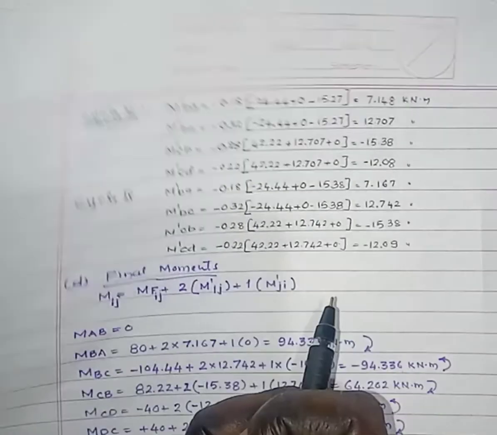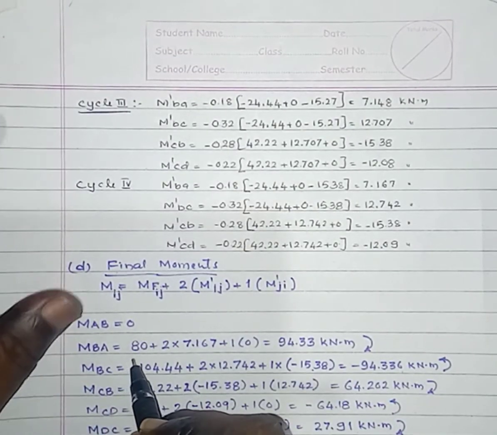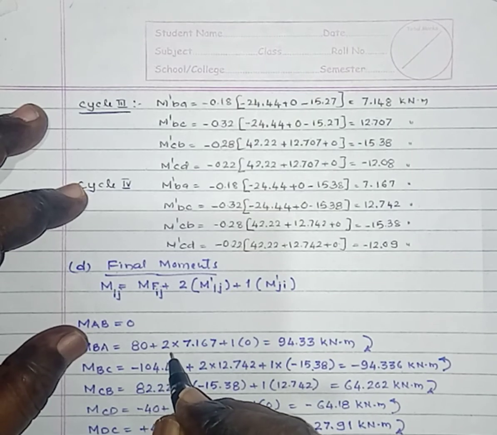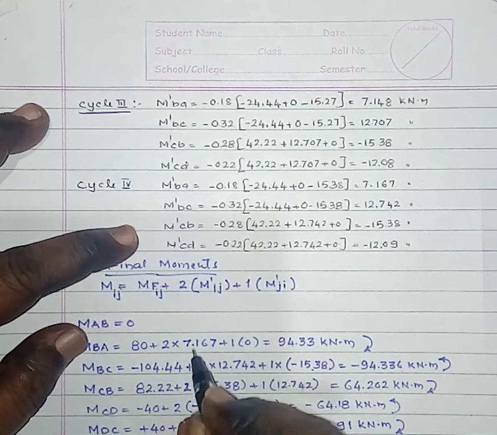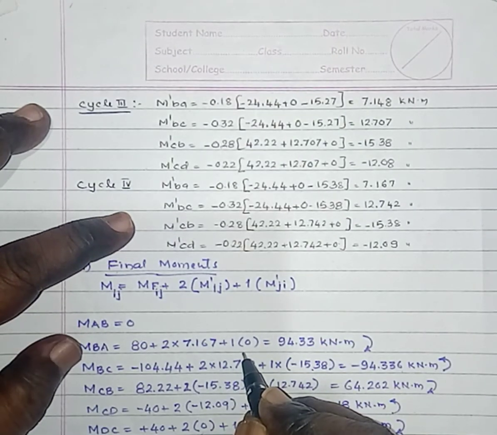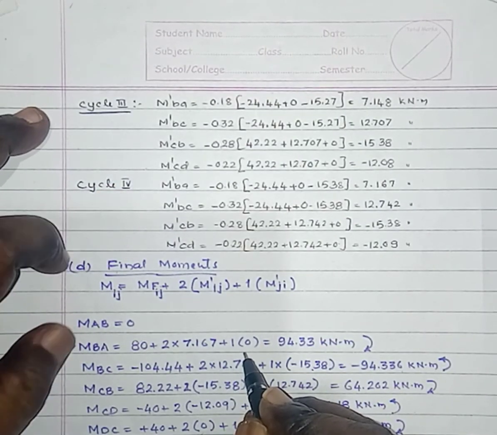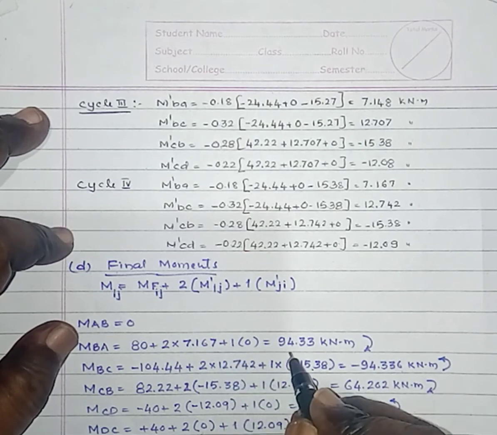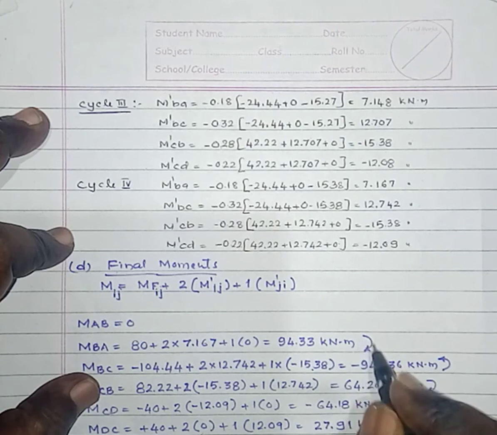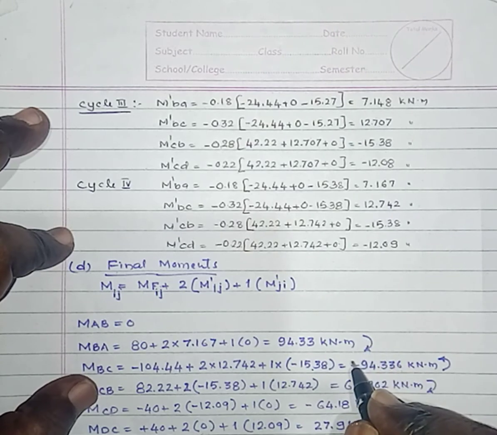MBA, that is the fixed end moment, plus 2 times m dash BA, that one is 7.167, plus far end for BA is A, that is 0. Therefore, after simplification, you will get 94.33 kilonewton meter in clockwise direction.